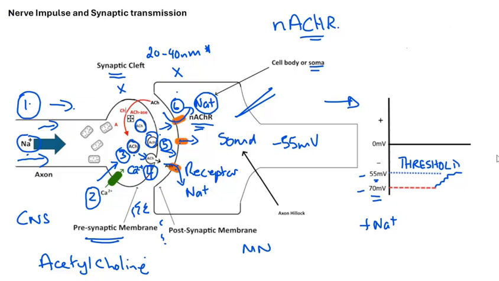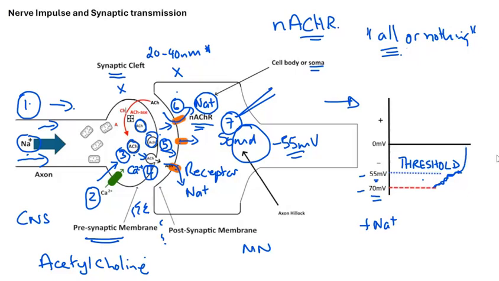Now, threshold tells us that what's about to happen is what was generalized as an all or nothing event, and that if the charge arrives at minus 55 millivolts at the axon hillock, let's call this number 7, then we reach threshold, and then an action potential is generated.